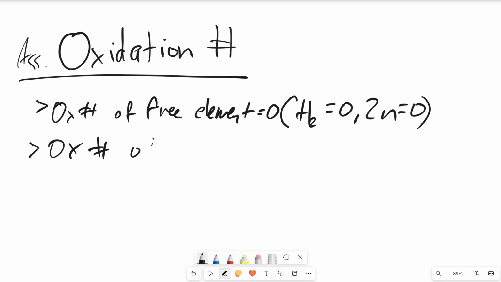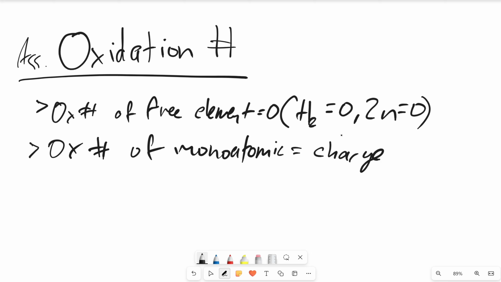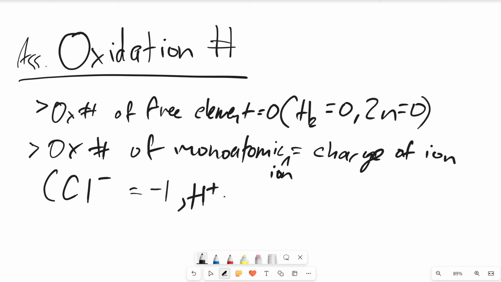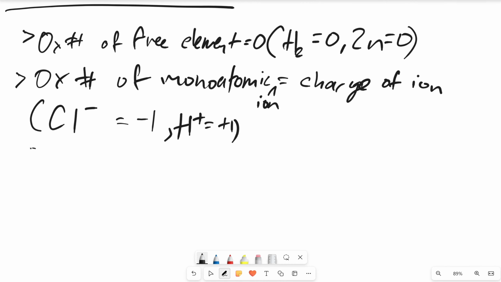Another one, the oxidation number of a monatomic ion is equal to the charge of the ion. So this might be confusing. So think like Cl minus is going to have an oxidation number of -1, or H plus is going to have an oxidation number of +1. Okay, so far so good.